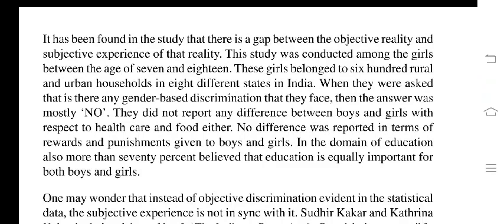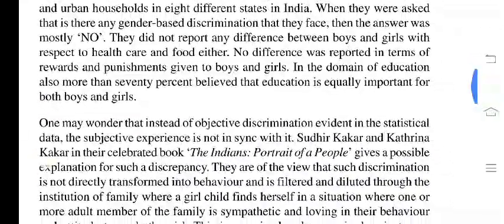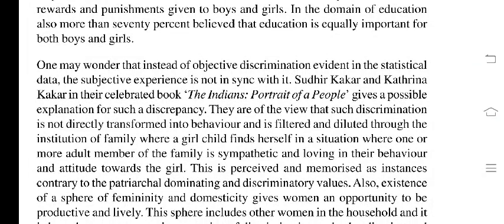No difference was reported in terms of rewards and punishments given to boys and girls. In the domain of education also, more than 70% believe that education is equally important for both boys and girls.